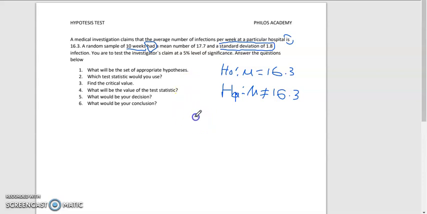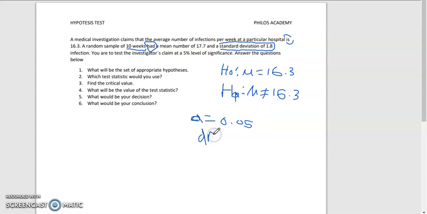So your significance, your alpha, is equal to 0.05. And you also find something we call degree of freedom, df.